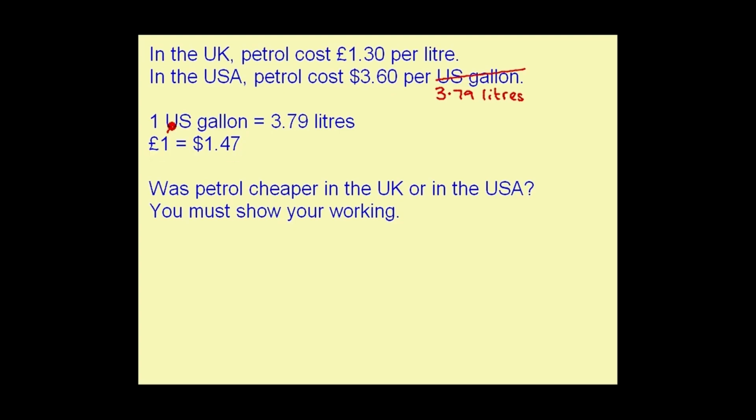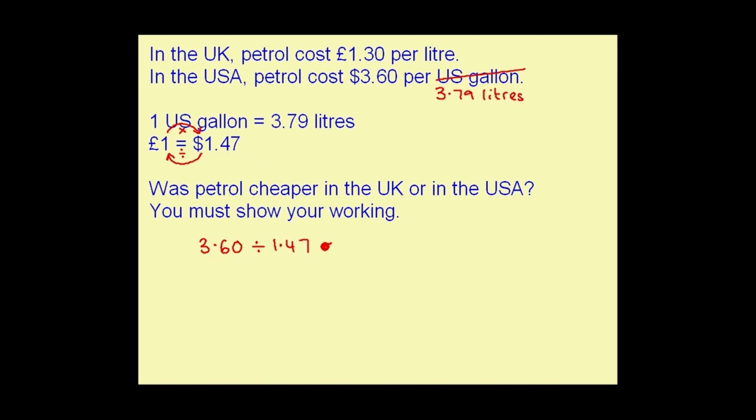Here's the exchange rate. Remember, this way is times, and this way is divide. If I'm changing dollars into pounds, I need to divide by 1.47. So I have this divided by this.